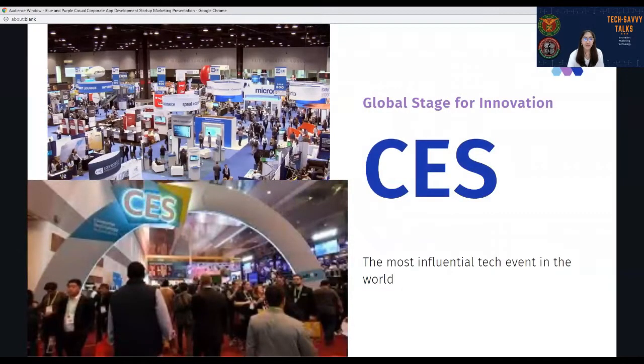another event or trade show that is very popular and considered the most influential tech event in the world and global stage for innovation, the Consumer Electronics Show, tries to limit attendees to professionals in the electronics and technology fields. But in 2018, CES turned 50, and it opened and broadened its doors not only to the electronic sector, but it includes other industries that feature innovations using technology.